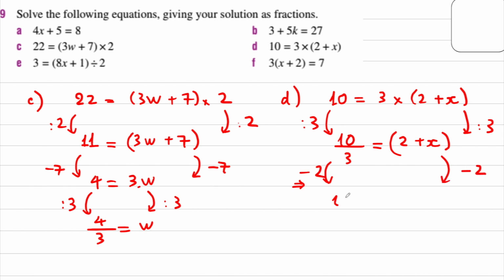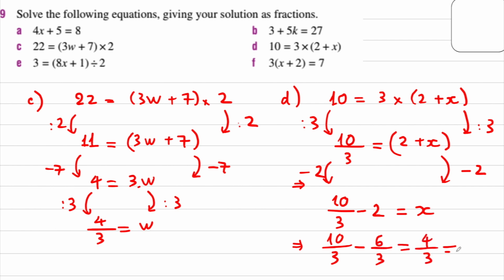Minus 2 in here, 10 over 3 minus 2, and the right-hand side will be x. 10 over 3 minus 2 is 6 over 3, so you will get 4 over 3 equal to x here. Okay, that is question D. Go on for question E.